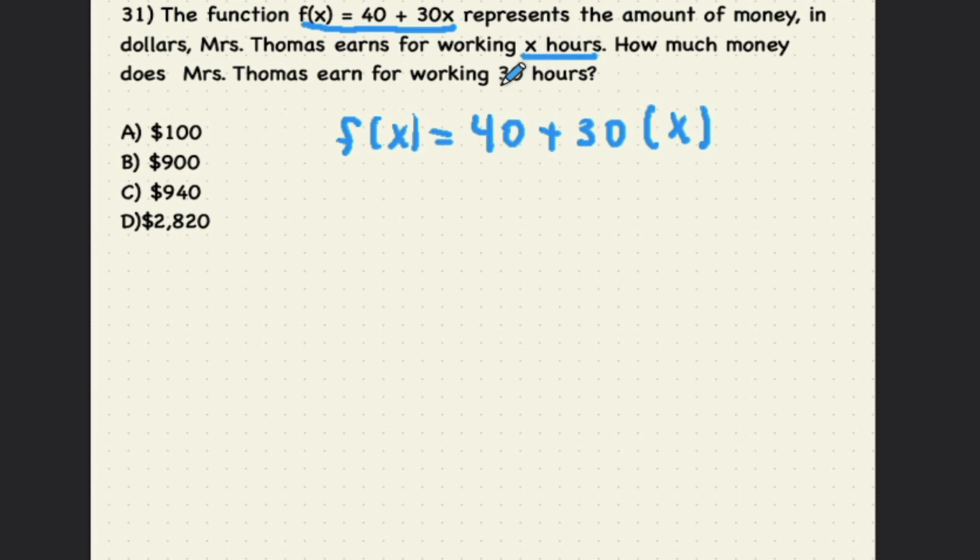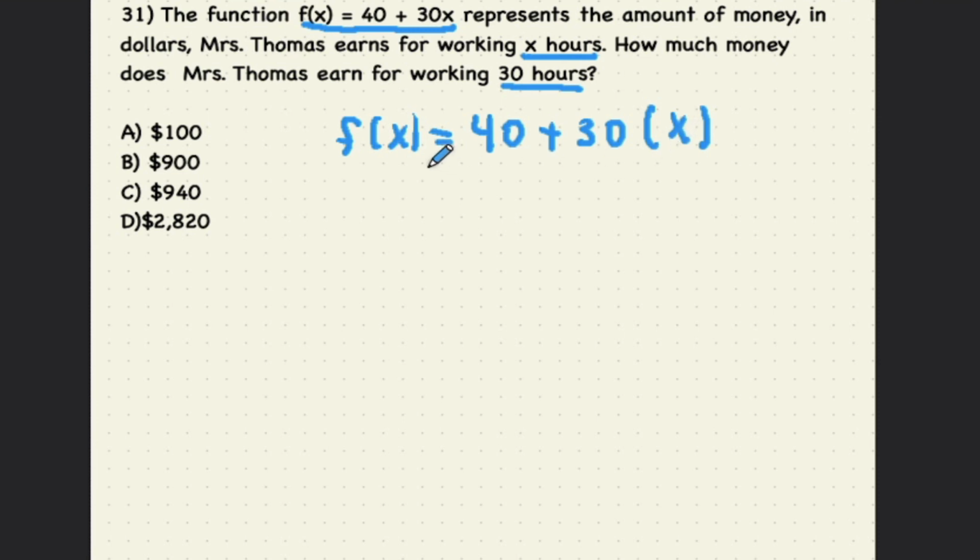Since we're told that she works 30 hours, we're just going to place 30 right where the x is.